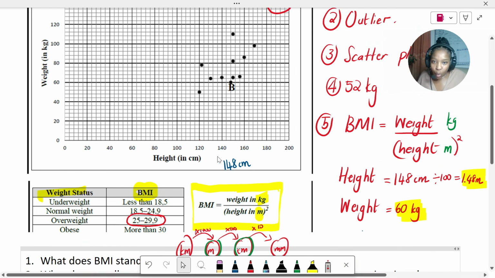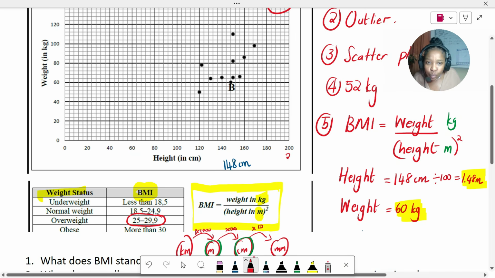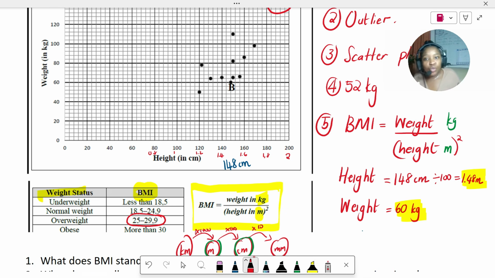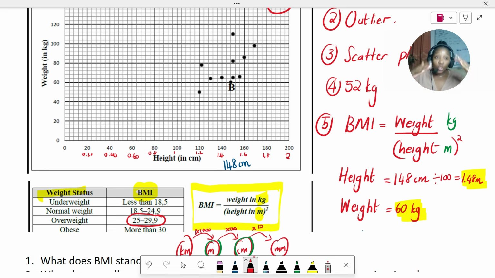So dividing all these values by 100, this would be 2, this would be 1.8, 1.6, 1.4, 1.2, 1, and this will be 0. Do you get my drift? Quickly convert them for yourself into meters, because we're given that probability question in meters. I've just divided all those values by 100 so that we are able to address this question.